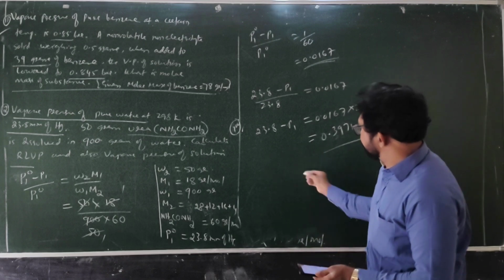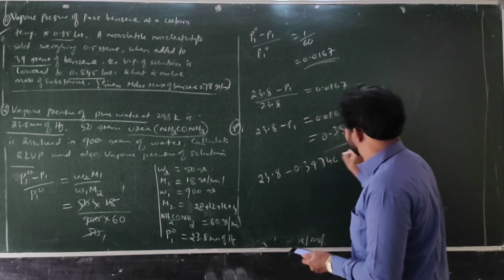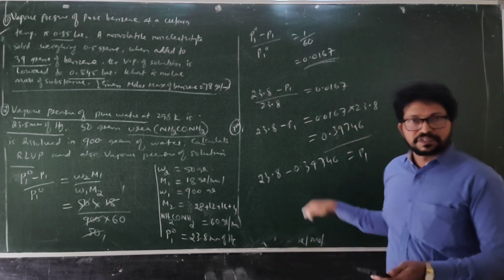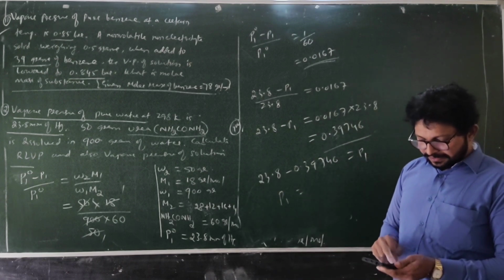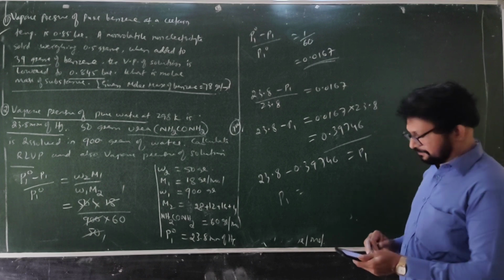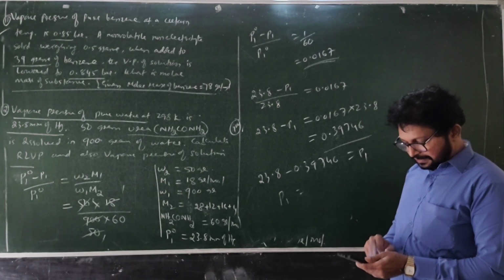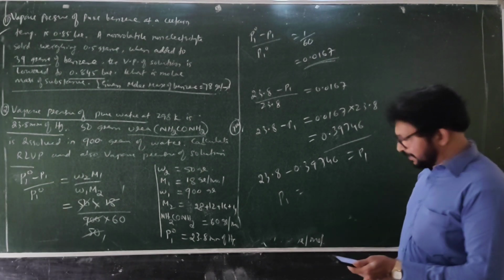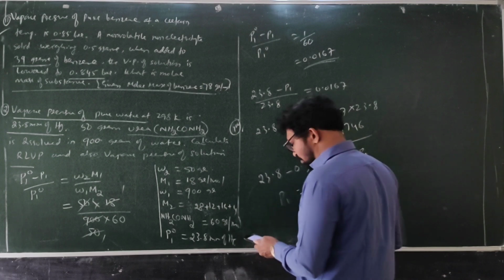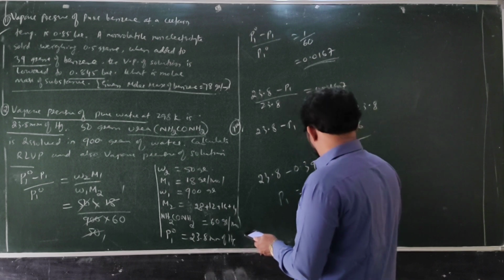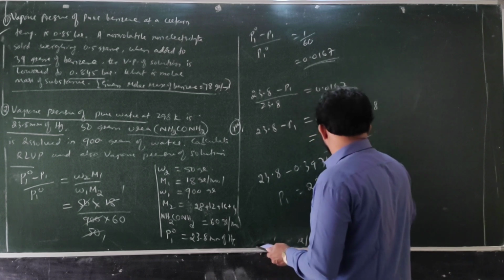Okay. Now what is P1? Do one thing. 23.8 minus 0.39746 equal to P1, right? If you take it to the other side, P1 is equal to 23.8 minus 0.39746, which is 23.40. This is in the unit of what? What is given there? Same unit, mm of mercury.